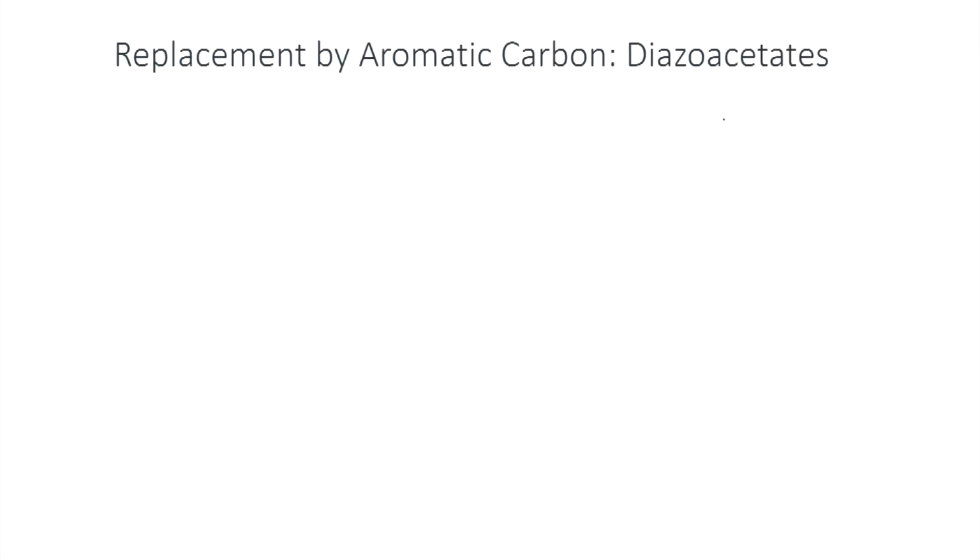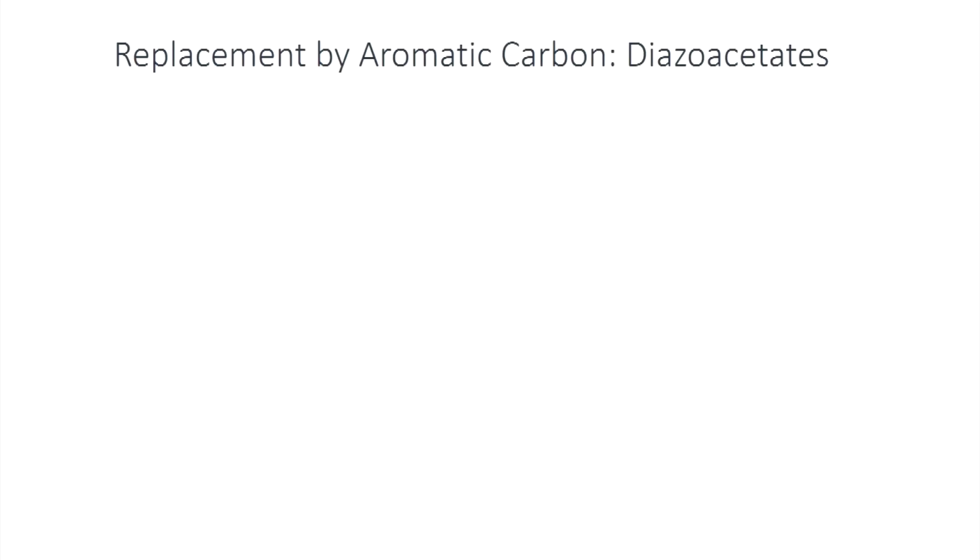Here another example, and as we have just seen the Gomberg reaction, you can also try, for example, if you have the diazonium acetate, so this also can be reacted with aromatic system to give the biaryl system.